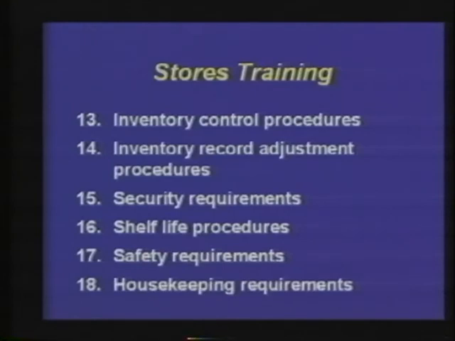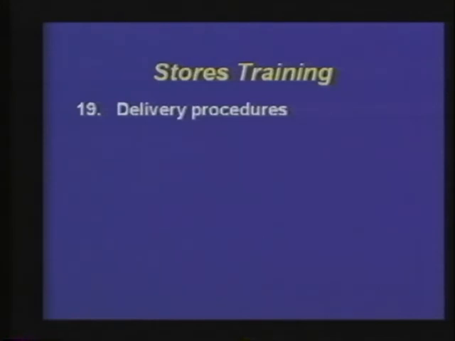In housekeeping, I'm not talking about just the cleanliness of the storeroom itself, but also keeping items within their respective bin locations, and likewise supporting some of the safety requirements. 19 are the delivery procedures to the job site.